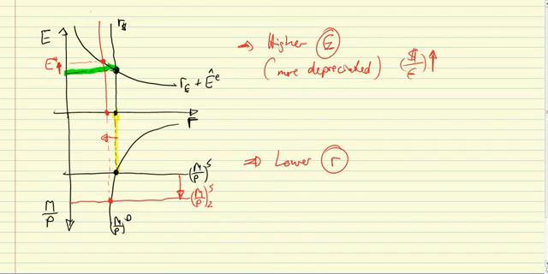So what has happened in the upper part of the diagram here? How do we get to the new equilibrium? Well, if we are initially at this equilibrium that I just circled red here, then the decrease in the interest rate implies a violation of the arbitrage condition.